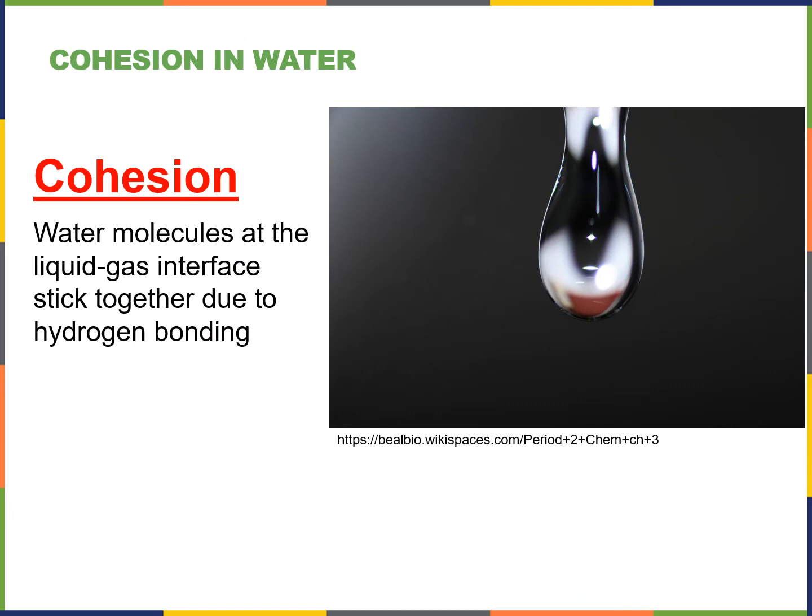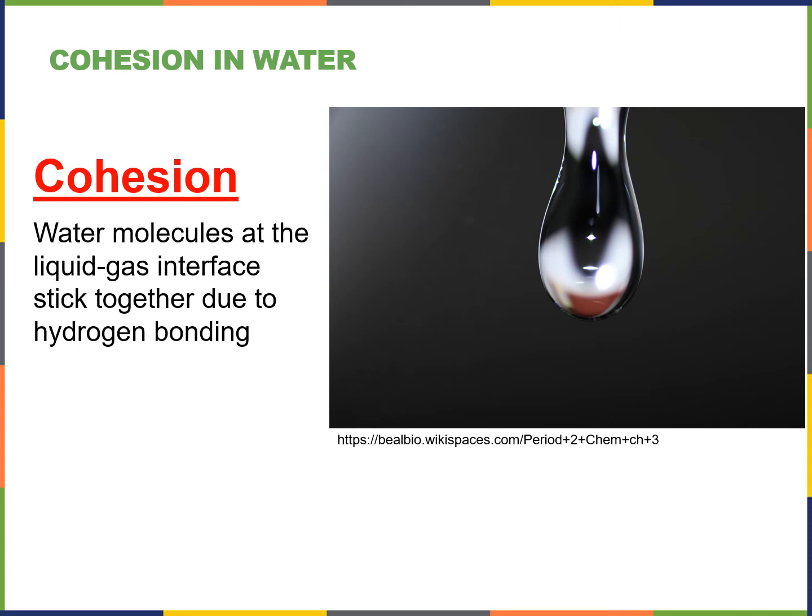Because of this hydrogen bonding, water wants to be drawn to other water molecules. An interesting thing, you take a body of water, whether it's in your water bottle, your cup, your bathtub, a lake, whatever. The water molecules at the surface, well, they don't have anything to interact with above them.